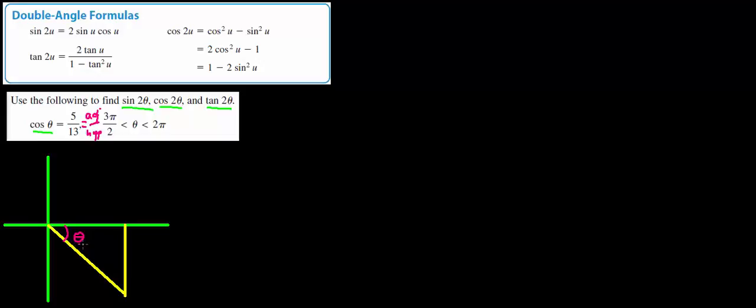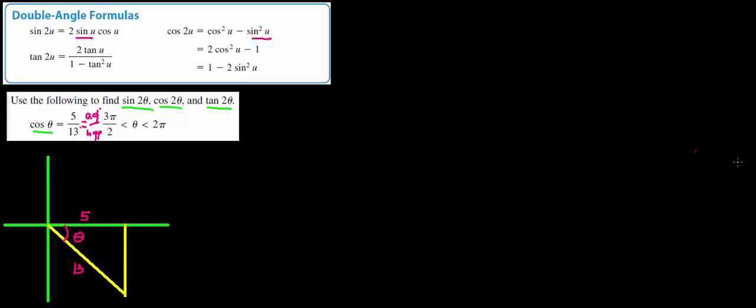So I know the adjacent side to this angle measures 5 and the hypotenuse measures 13. I'm left with this side unknown, which I will need to find, because to find the cosine and the sine of the double angle, I need the sine of the angle in both of them. So in order to find the sine, I need to find this side.